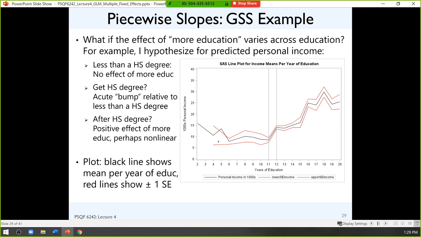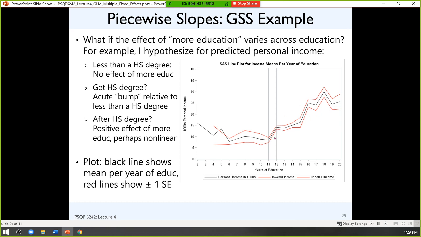So none of that was accounted for in our previous analysis. I want to teach you how to do something like that using education as an example. I categorized education years into three discrete levels. There's less than a high school degree, there's the bump that you get from graduating high school, and then there's anything after that, which looks sort of curvilinear in this case.